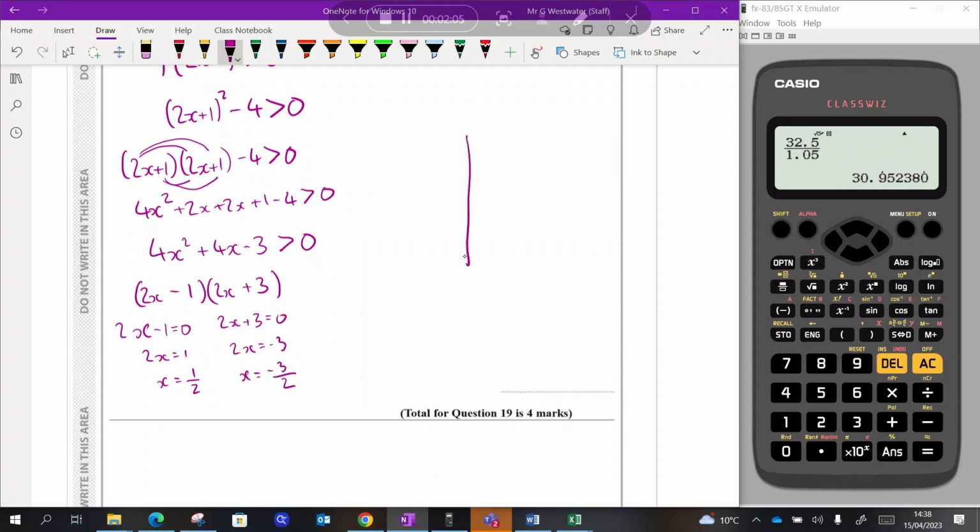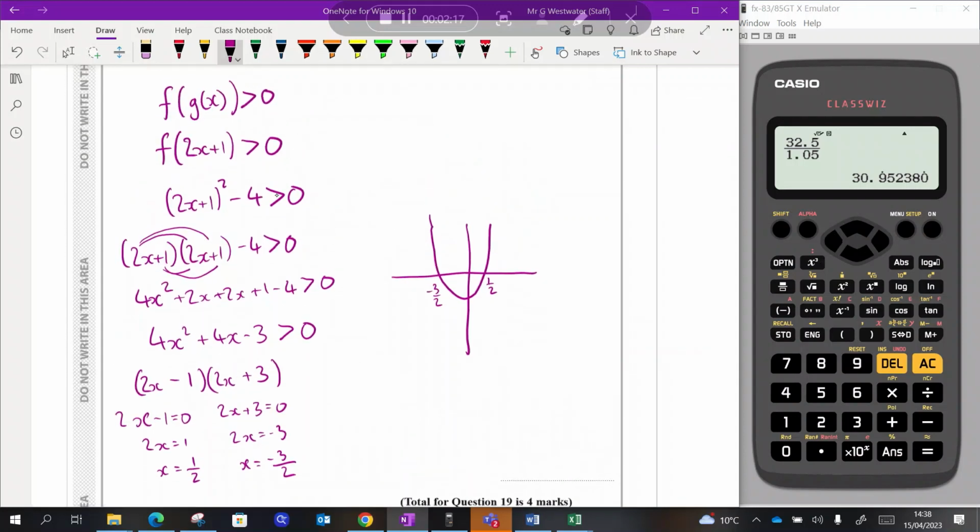So graphically, what does this look like? Well, it's passing through at minus 3 over 2 here, and at a half. It's a positive quadratic, and we're looking for where this quadratic is greater than 0. So that's going to be this part of the graph and everything beyond, and this part of the graph and everything beyond.